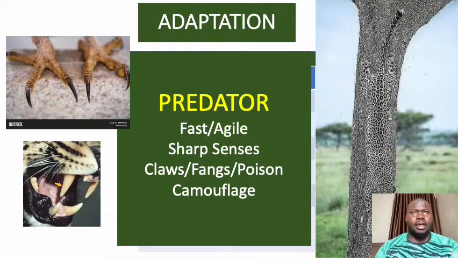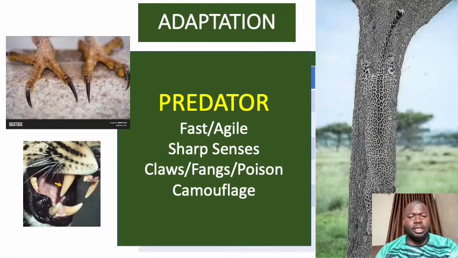For example, a cheetah can run almost 100 kilometers per hour when chasing its prey. Another type of adaptation for the predator is sharp senses. The majority of them have good eyesight, a good sense of smell, good hearing, etc. Some of them have fangs, poisons, or claws which they use in killing their prey.